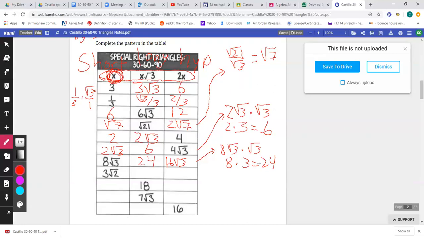Okay, now the next problem. So here we are going to multiply by √3. So 3√2 times √3 is just simply going to be 3√6.